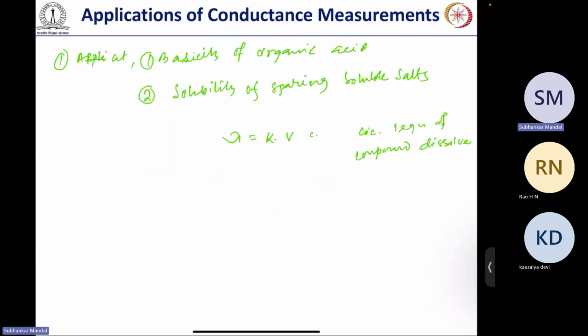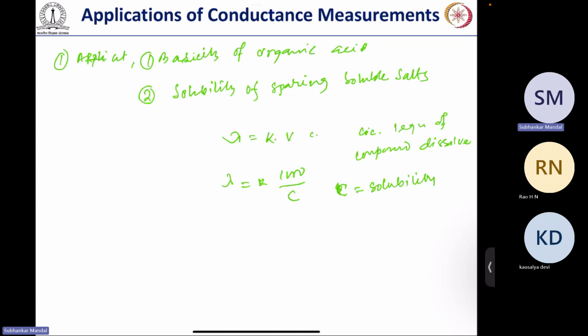So here you can replace V by 1000 by C, where C represents the solubility. We can discuss that a little more when we do the problems, and it will be clearer.